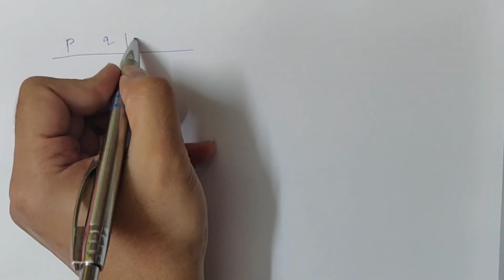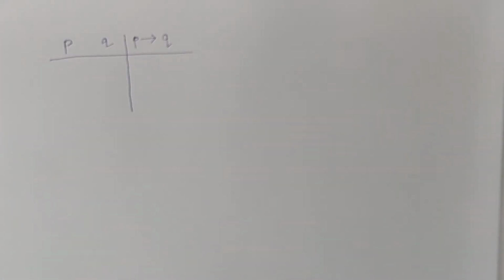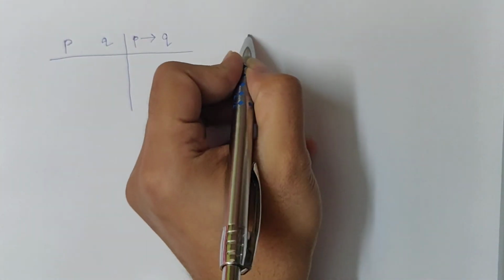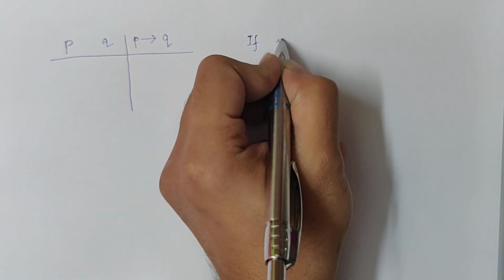Next we come to the truth table of implication. This is one truth table which you might not have encountered in your college days. This implication means if-then. So let me construct a sentence, easier for you to understand.